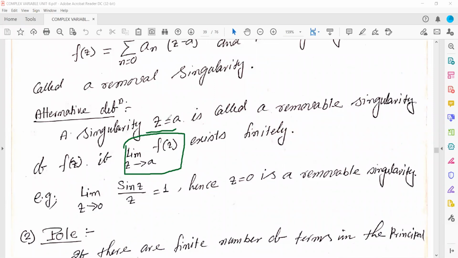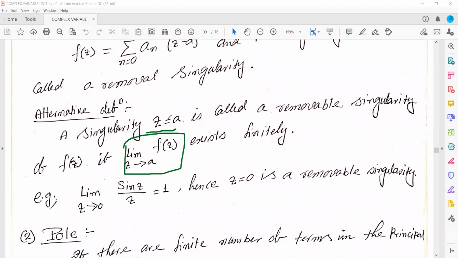So this is the best way of checking, if you have a singularity of a function, whether that singularity is removable or not. Just take the limit of the function at that singularity point, and if the limit exists finitely, then that singularity is called a removable singularity.